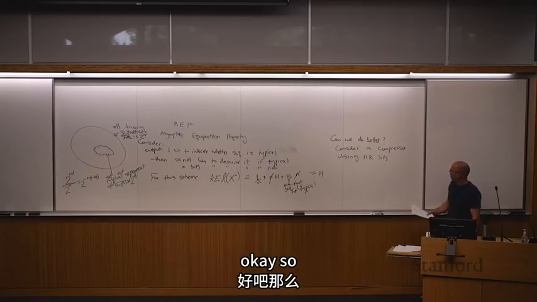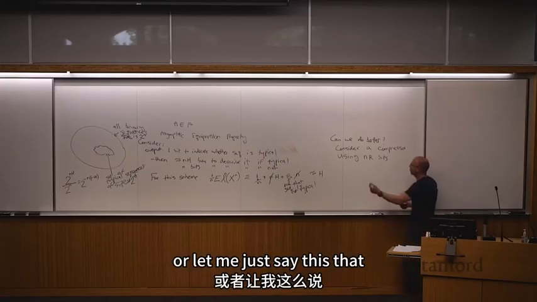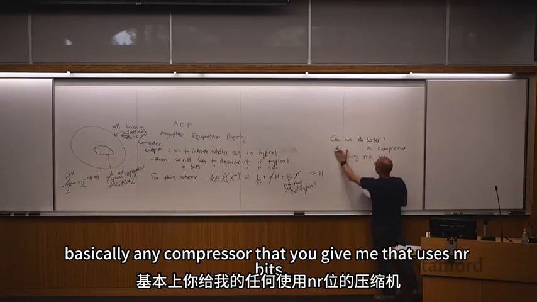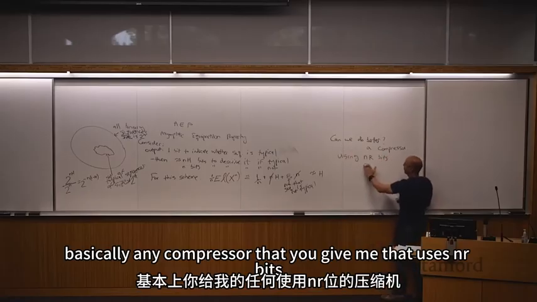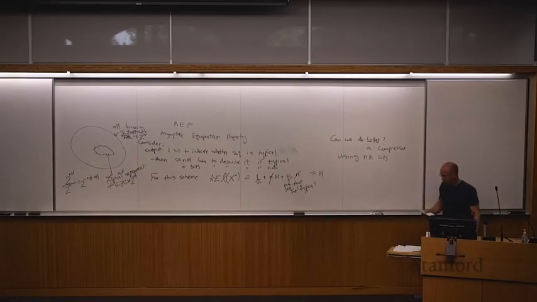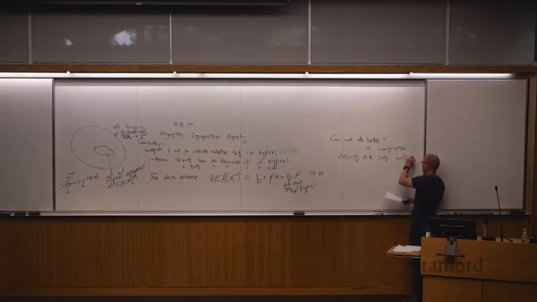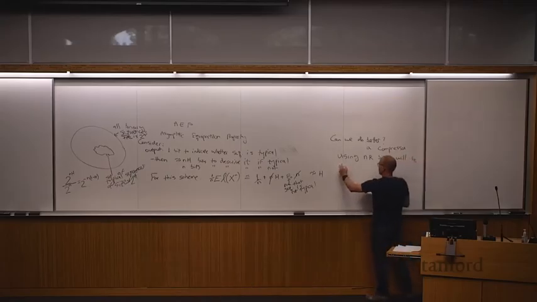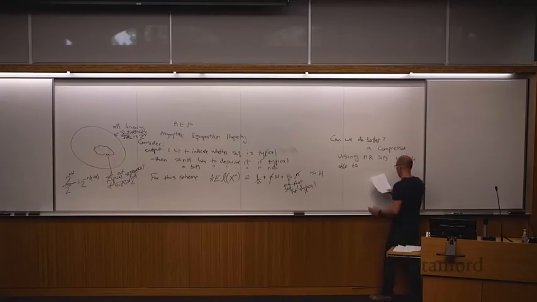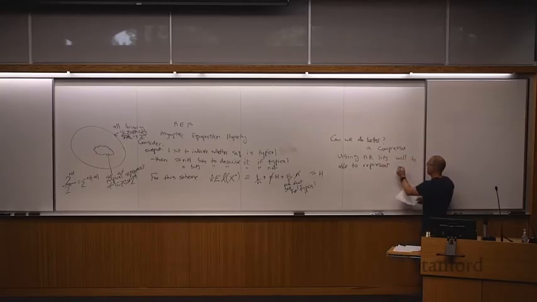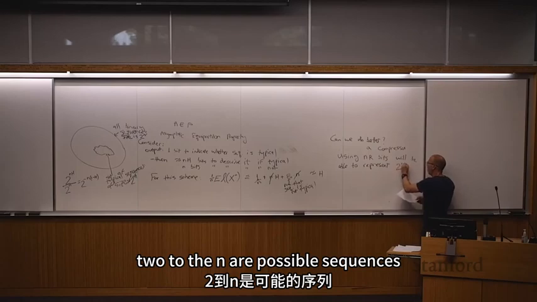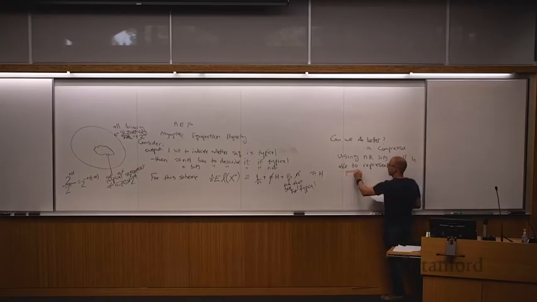Basically, any compressor that uses nr bits is going to be able to represent 2 to the nr possible sequences.